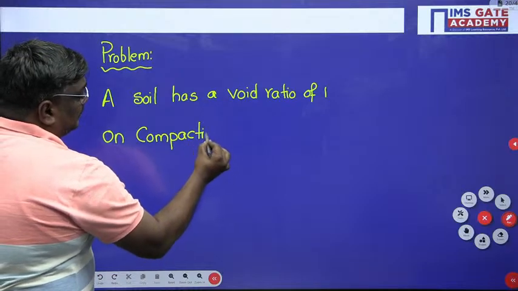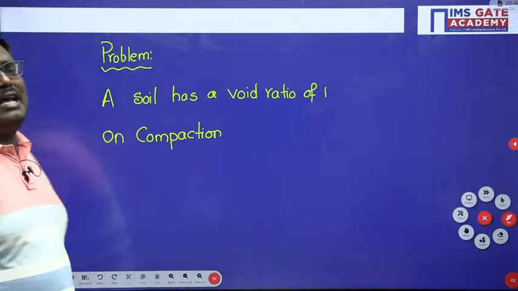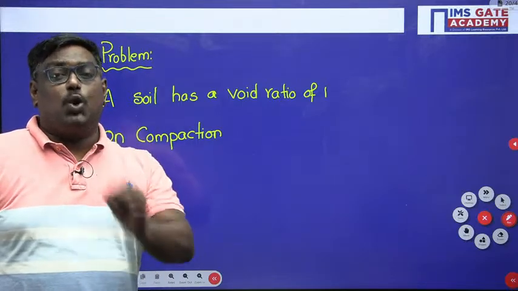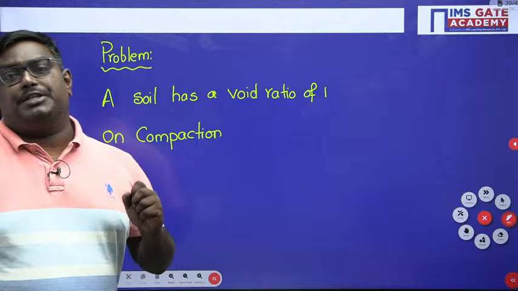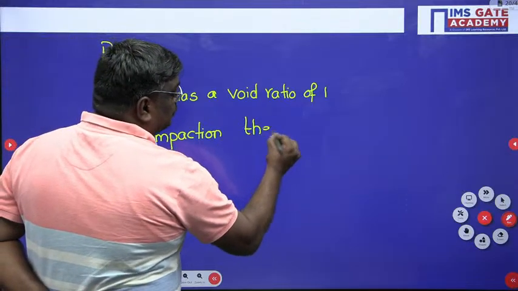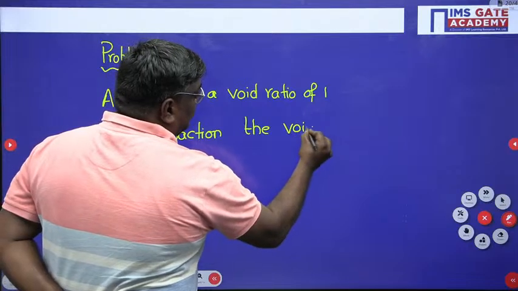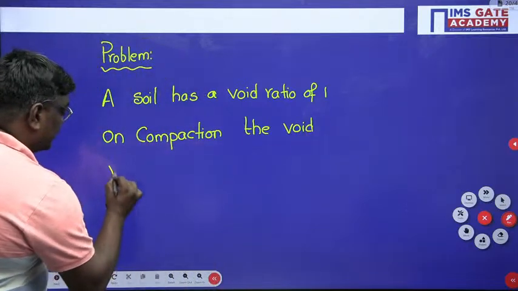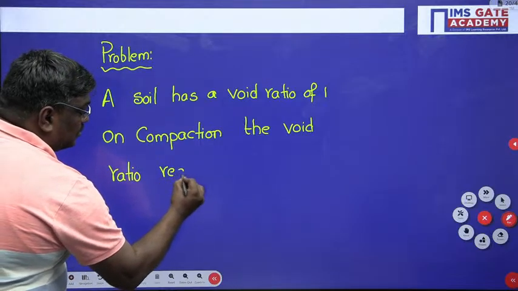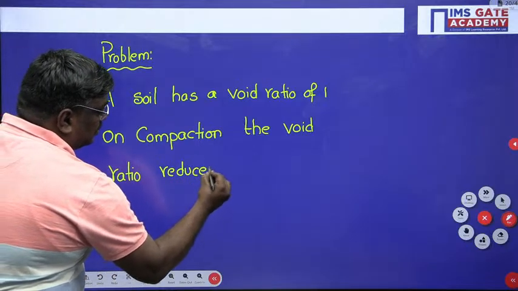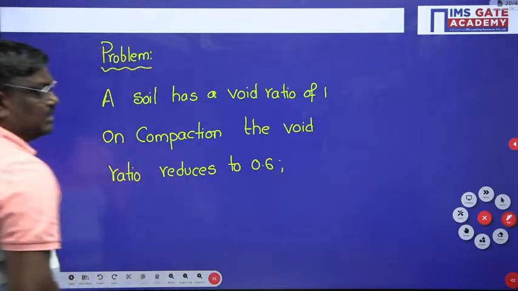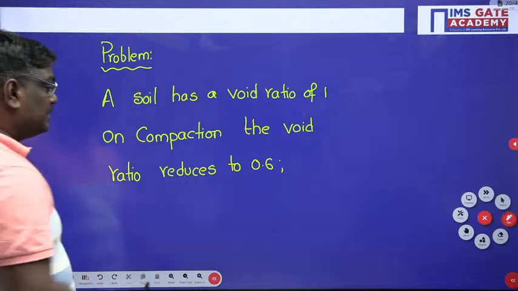I will discuss this also. For now, the removal of air from voids under short-term moving vibrating loads is nothing but compaction. On compaction, the void ratio reduces to 0.6.